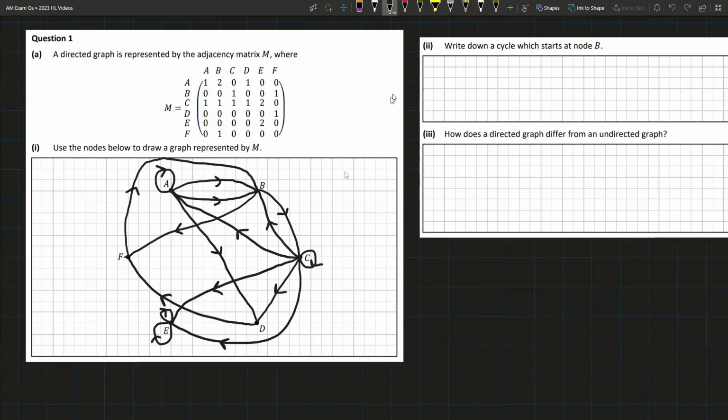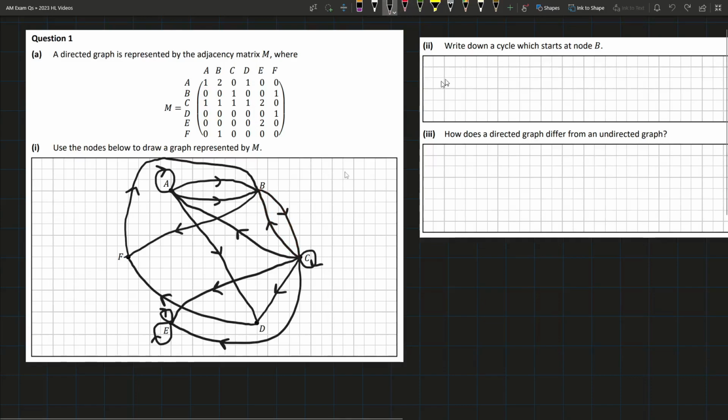Part 2 asks us to write down a cycle which starts at node B. Remember, a cycle is a closed walk with no repeating nodes, and it starts and ends at the same point. That's what closed means. So if we have a look here, one that starts at B and ends at B, well, you could go from B, we'll do this in red just to show, down here to C, and then back to B. So that's a valid one.